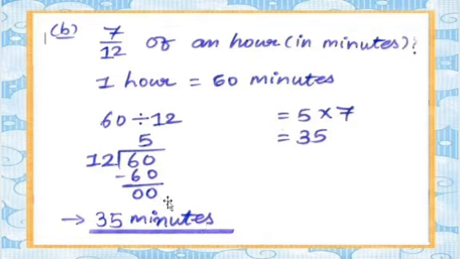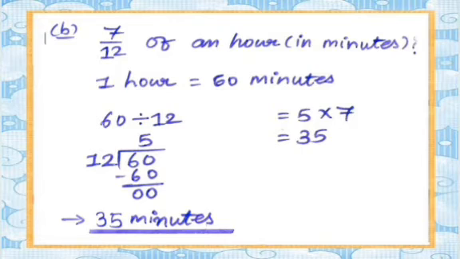So now here our quotient is 5, and we multiply it with our numerator, 7. So 5 5s are 25, 5 6s are 30, and 5 7s are 35. So the answer is 35 minutes.